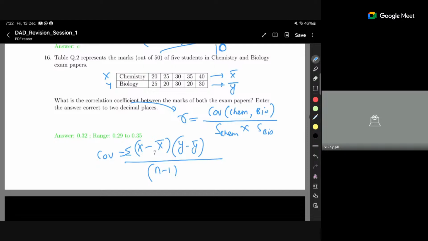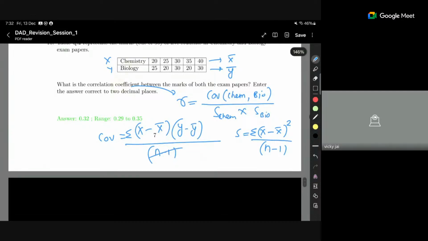And from this, you know what standard deviation is? Standard deviation is x minus x bar whole square, summation, divided by n minus 1, if it is a sample. This is another entity. So you know that this and this will get cancelled if you use this formula.